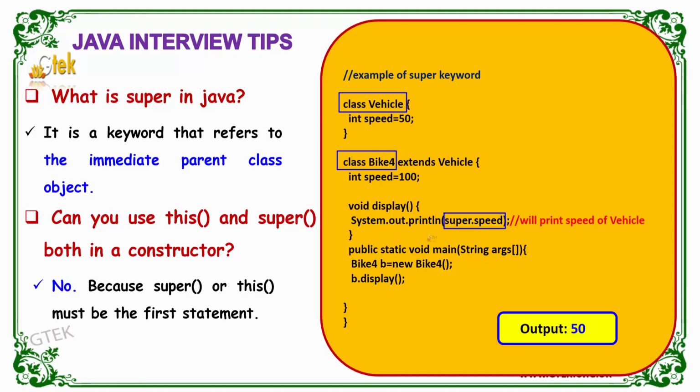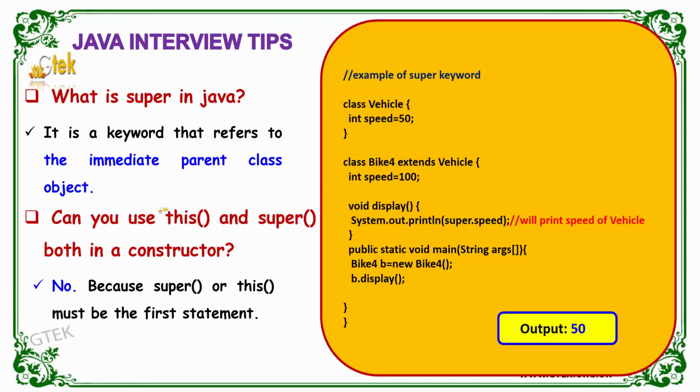On executing this program for the object P of the base class will be executed. That is, we are creating an object for bike4, that is the derived class, and we are invoking the display of the derived class, but the value that will be invoked will be super.speed, that is nothing but the parent class value. So your output will be 50. So this is the purpose of super in Java.